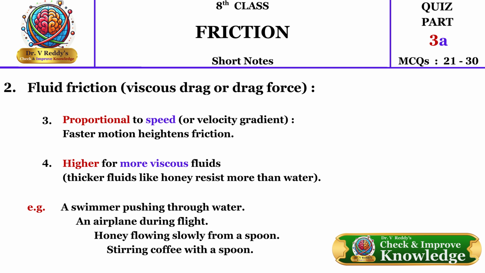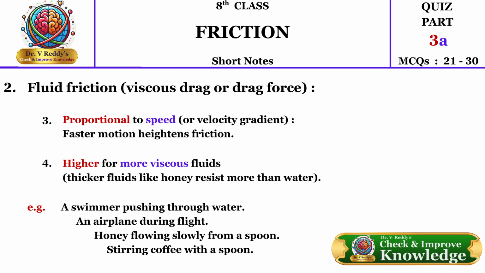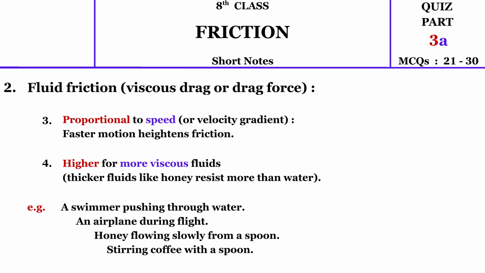Proportional to speed. Faster motion heightens friction. 4. Higher for more viscous fluids. Examples are a swimmer pushing through water, an airplane during flight, honey flowing slowly from a spoon, stirring coffee with a spoon.